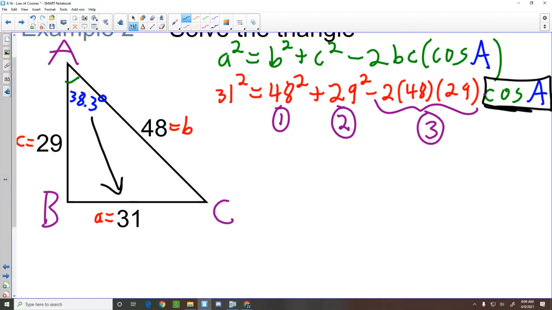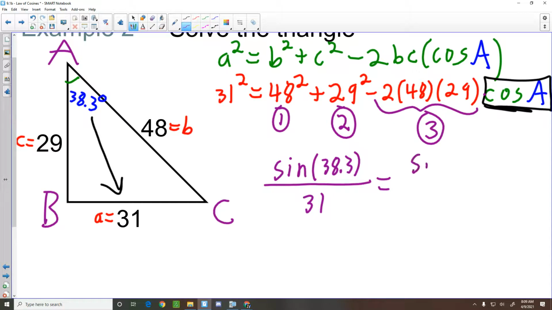It's fewer steps. So I can just set up my little ratio, said, hey, the sine of 38.3 over 31, that's my A fraction, equals, and then pick another side, B or C, it doesn't matter. I'll just use B because it's the next letter.